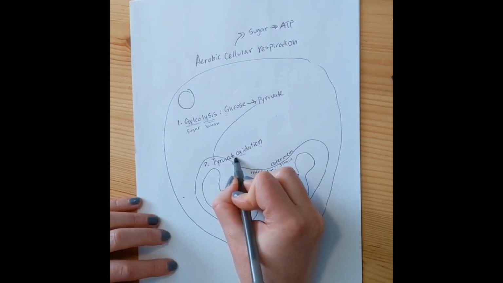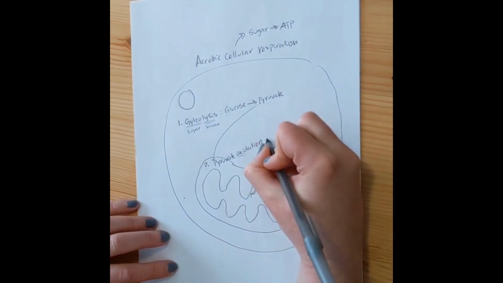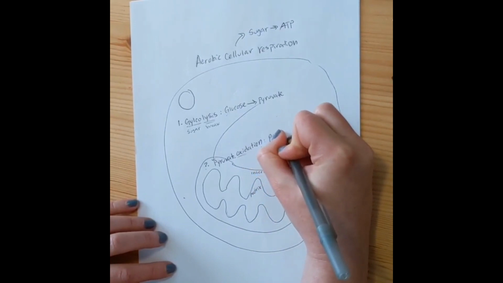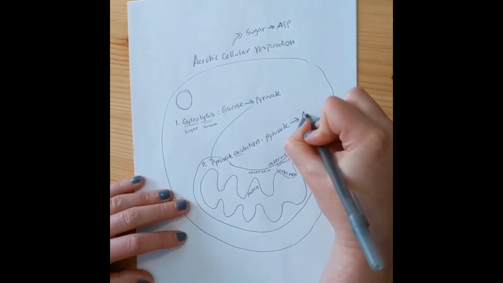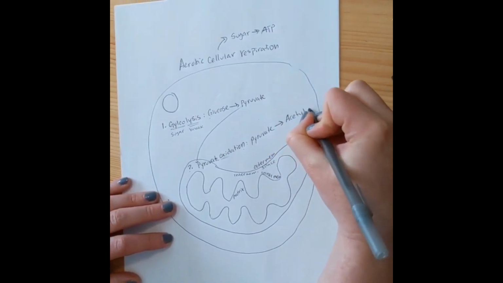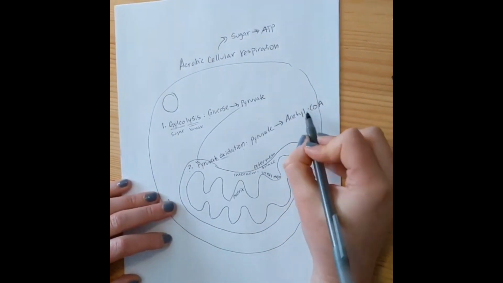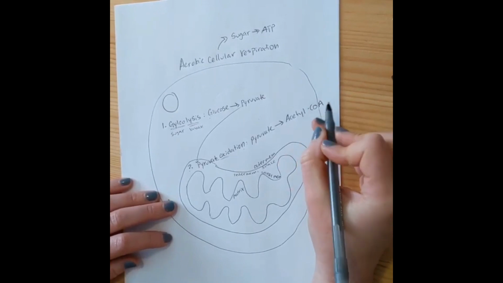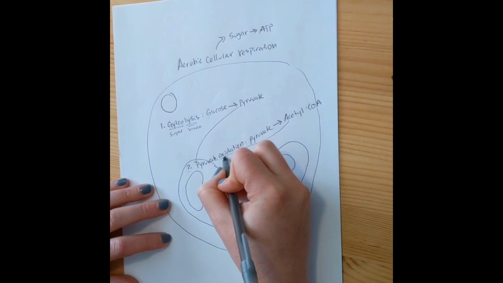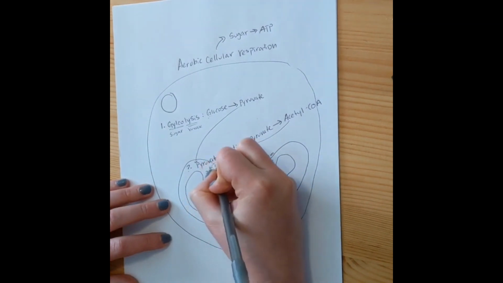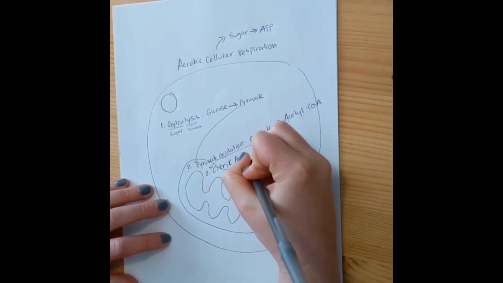Now, pyruvate oxidation occurs in the intermembrane space, and what happens is you take your pyruvate and you turn it into another molecule that's called acetyl-CoA, which stands for coenzyme A. Acetyl-CoA is going to be used in the 3rd step. The 3rd step is called the citric acid cycle.